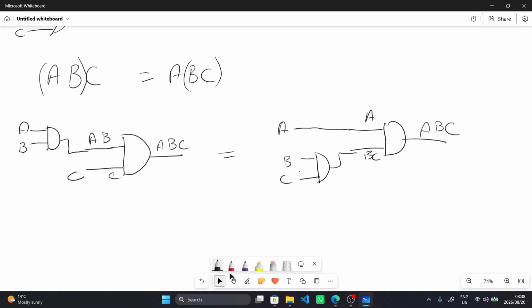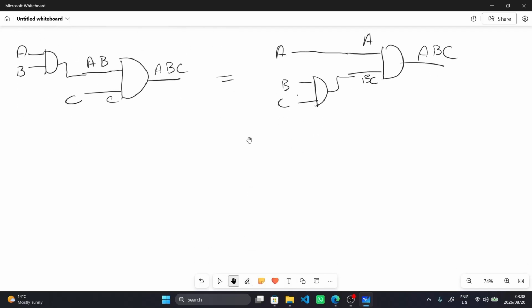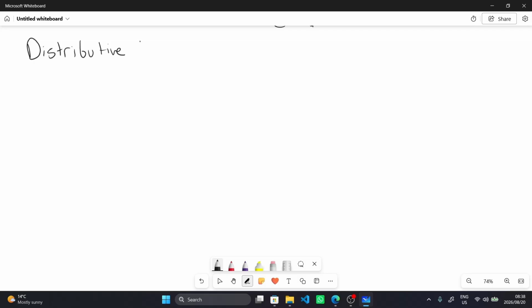Now we come to our third law, which we call the distributive law.